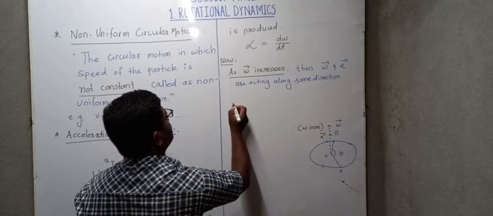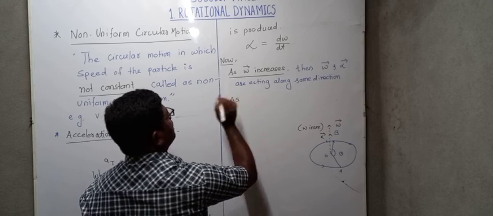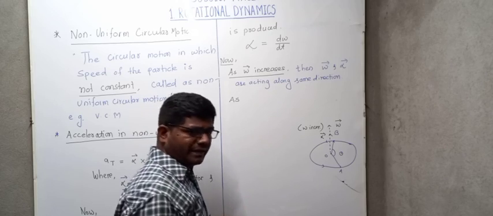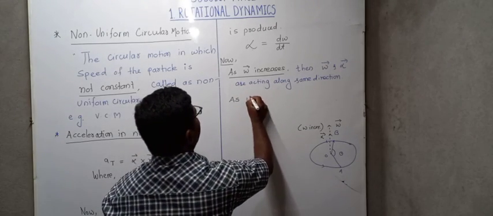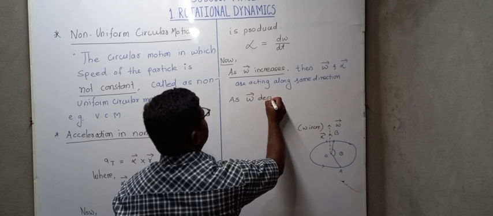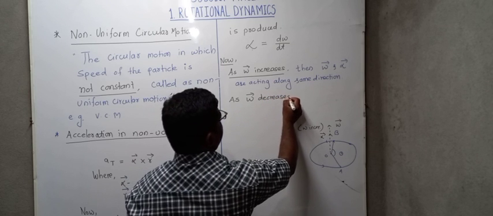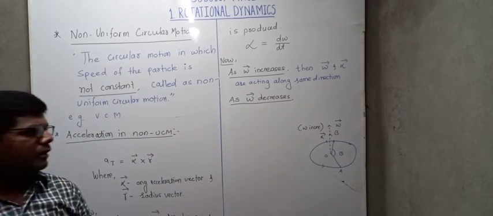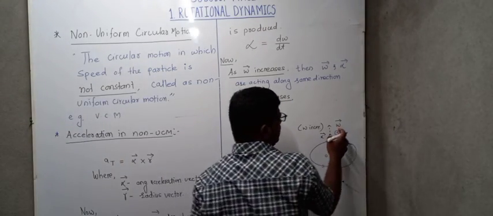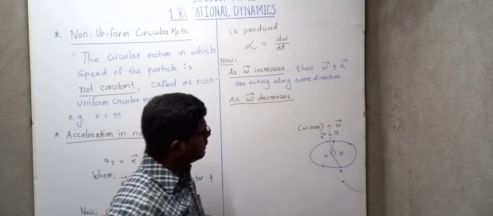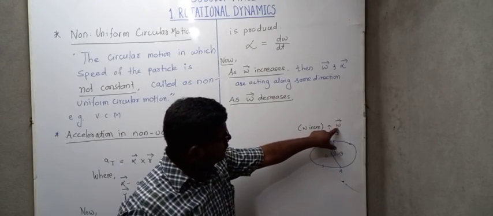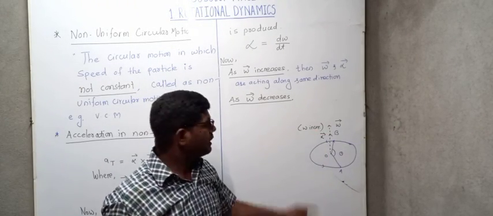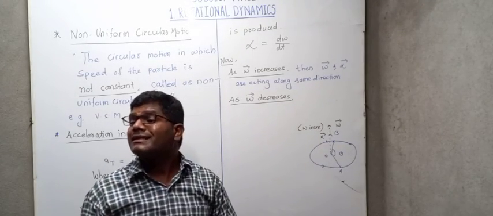Now, what happens when the angular velocity of the particle performing non-UCM goes on decreasing? As omega bar goes on decreasing, at that time angular velocity vector omega bar and angular acceleration vector alpha bar are oppositely directed.